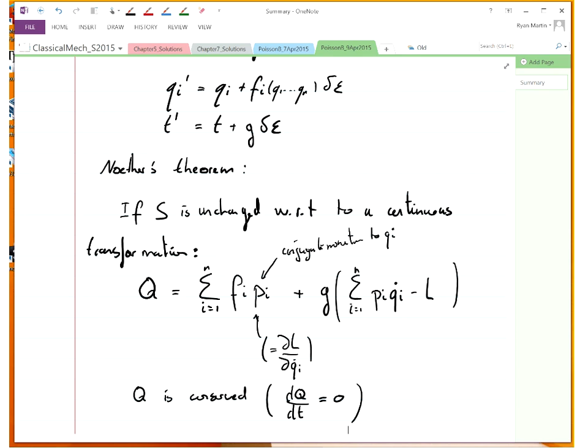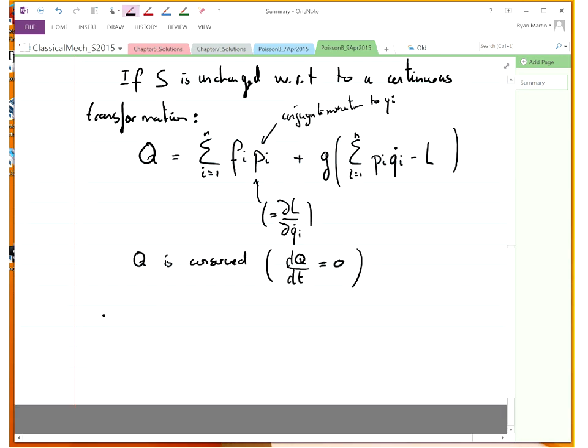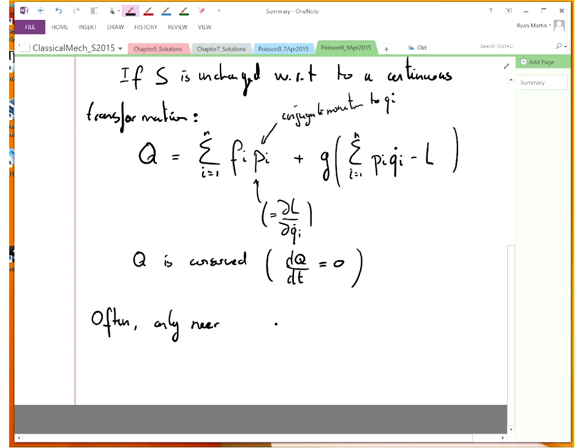If the Lagrangian is unchanged under the transformation, then naturally the action, which is the integral of the Lagrangian, is also unchanged. So often, you only need to check if the Lagrangian is unchanged by the transformation.